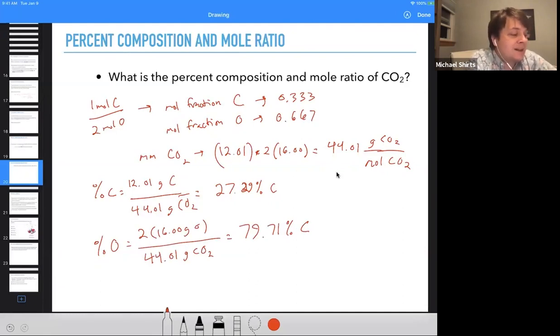But if we look at a mass fraction percent, it's almost 73% of the compound because oxygen is heavier than carbon. So that gives us percent composition, mole ratio, and mole fraction.